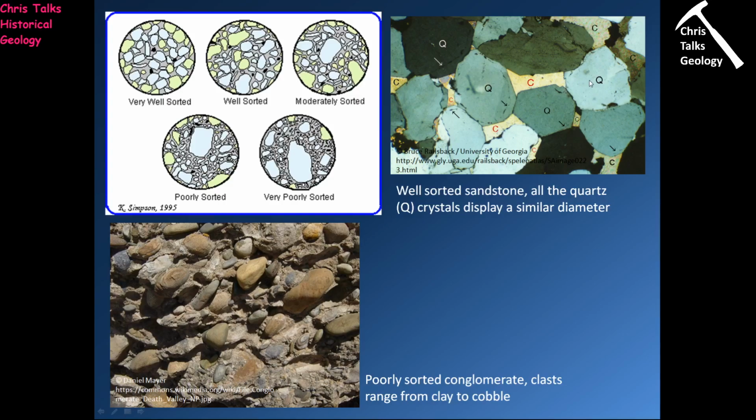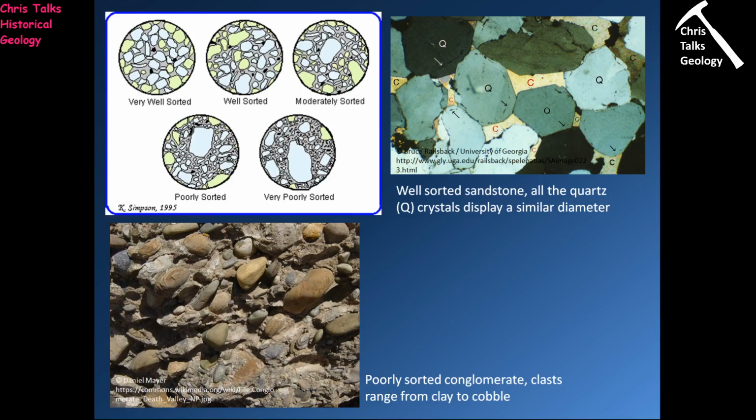And so if we look at these two examples, we can see the different situations. Here we have our sandstone again that we saw earlier. One of the things you'll notice is these quartz crystals are actually pretty much all the same size. And so this suggests that what we're looking at is a very well sorted or well sorted sediment. And this is going to help us identify the possible environment in which this sandstone formed.